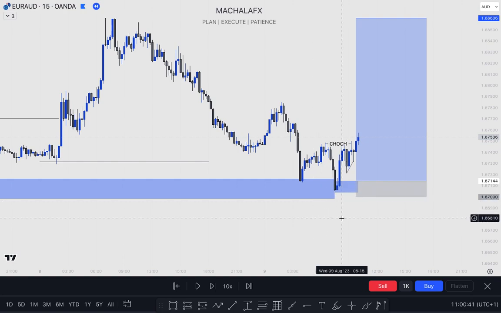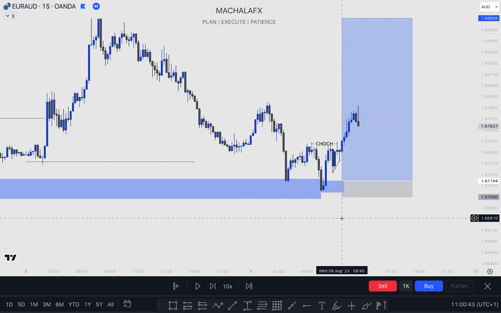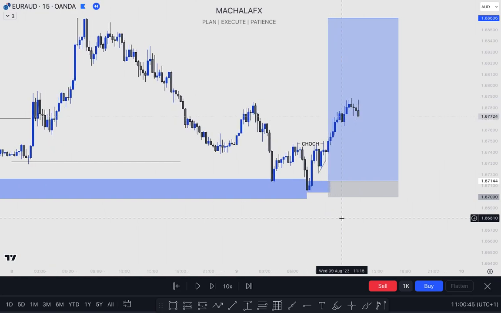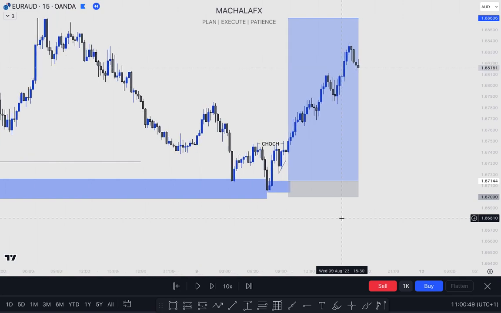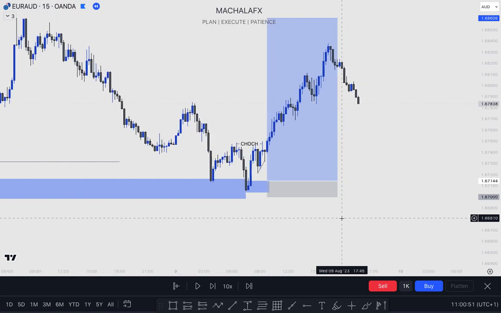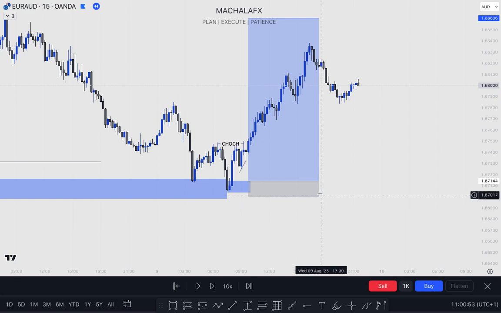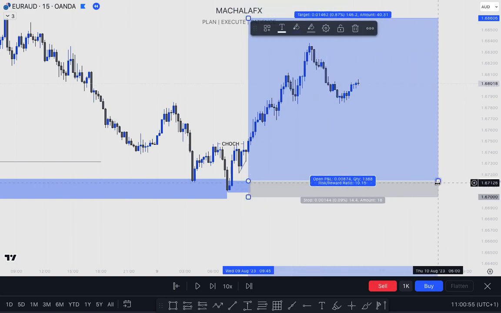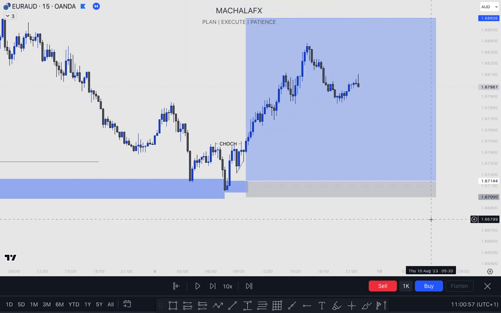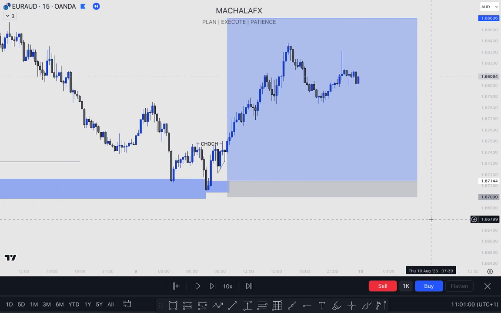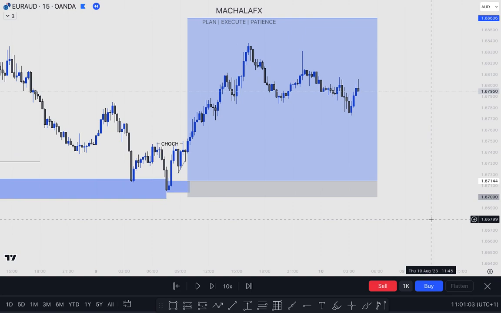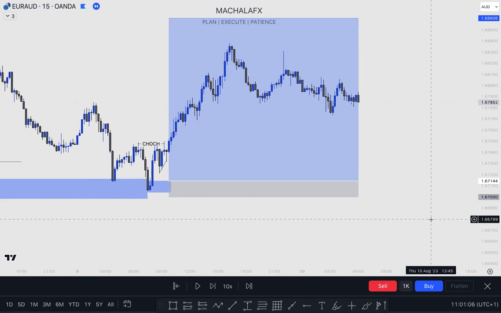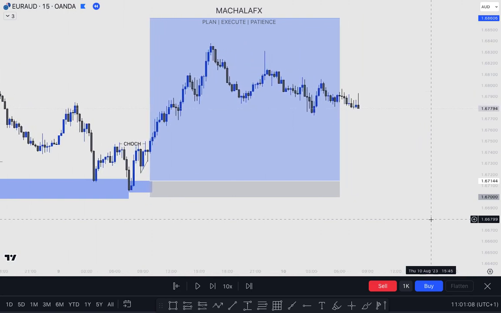Now let's see what happened. The market starts consolidating, starts moving, and let's see if we tap in. Okay, it starts coming back. Let's see what happened. It's actually on 15-minute time frame.